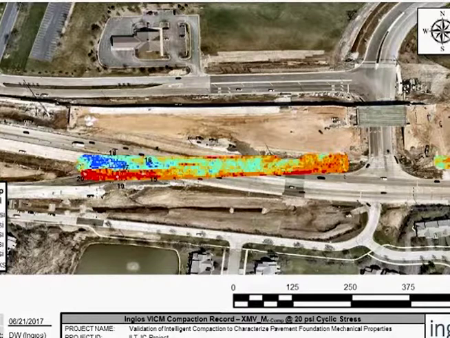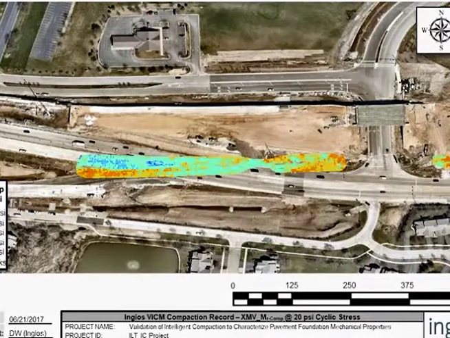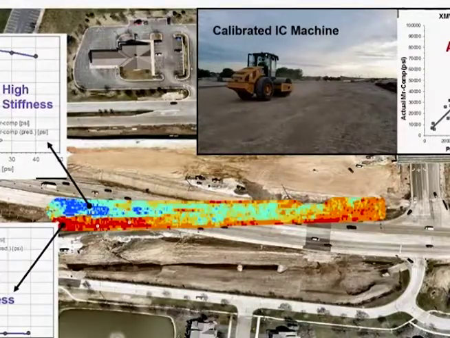So if this stuff is going to be implemented, there's going to have to be proper training to help the field people understand why this is an issue, what modulus means, what target values are, and how we go about testing to establish these things.